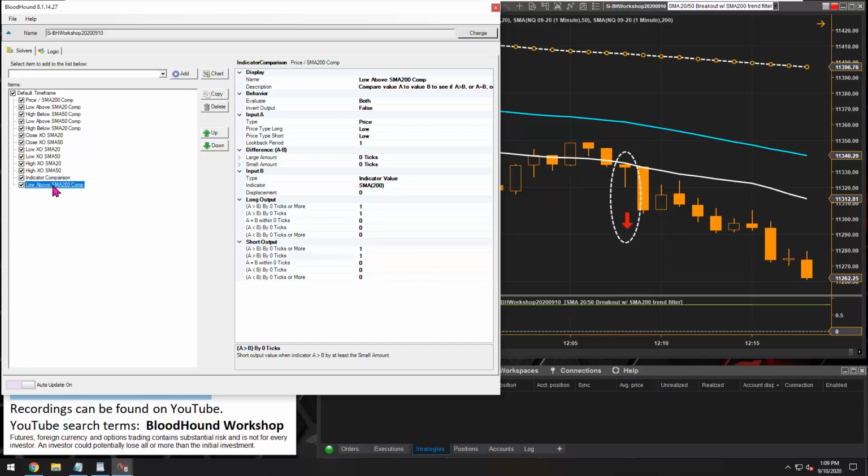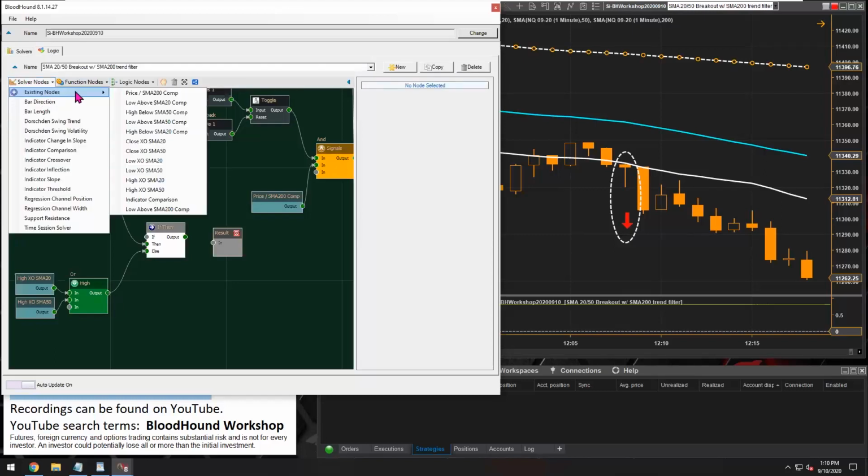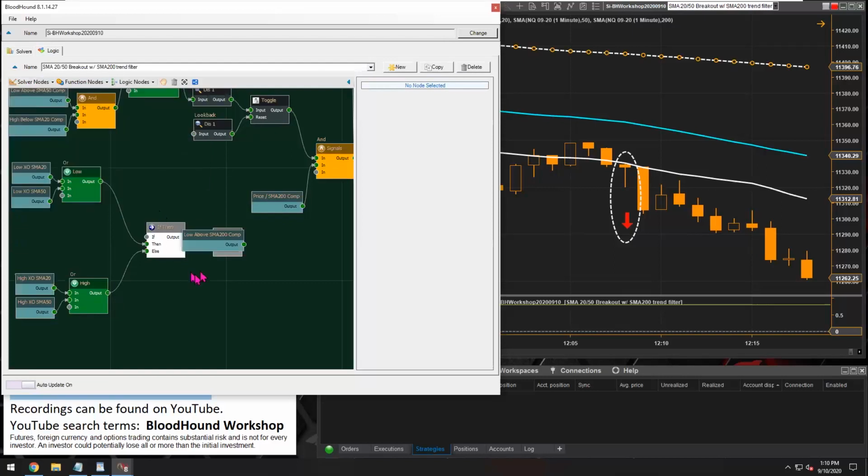All right. Let's actually take a look at this solver here. This will make sense once you see what this comparison solver is going to do.